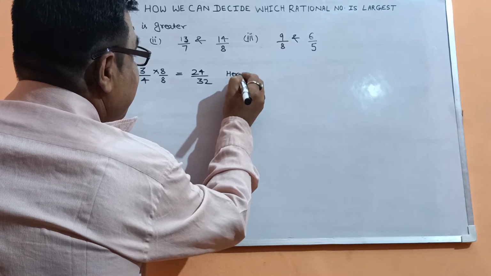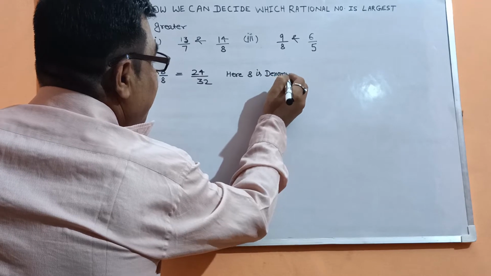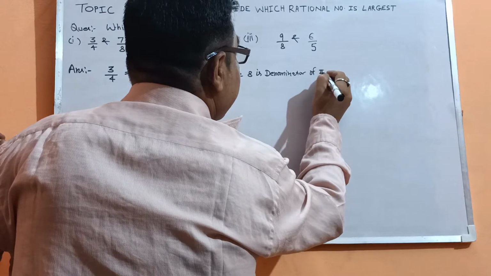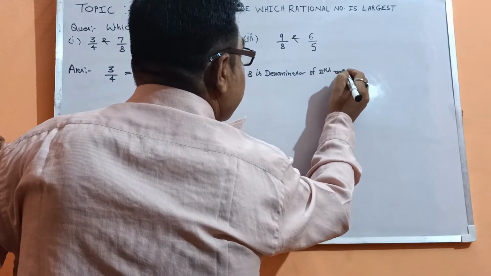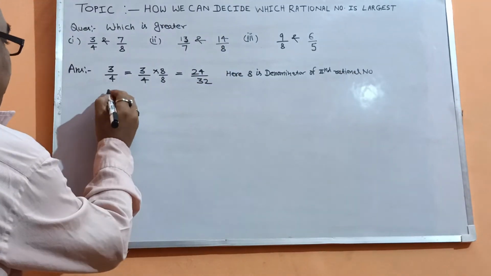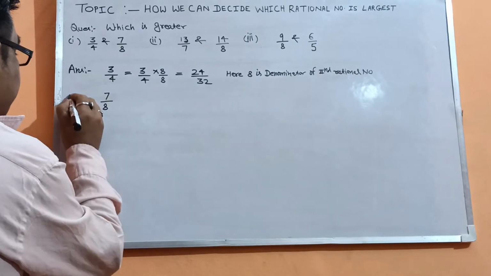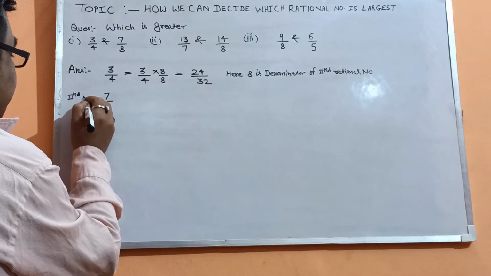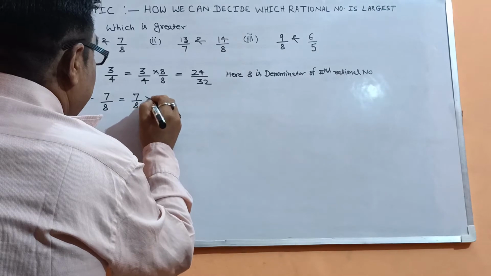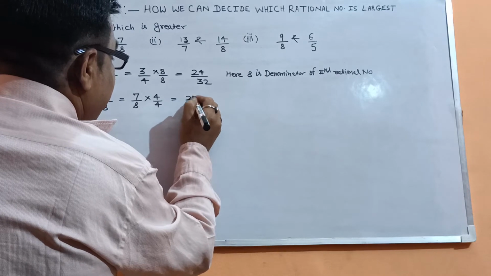Here 8 is the denominator of the second rational number. 7/8 is equal to 7/8 multiplied by 4/4, that is 28/32.